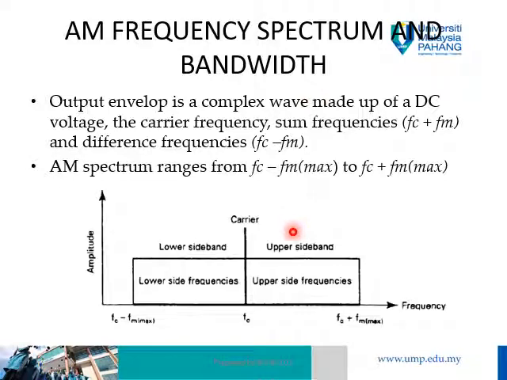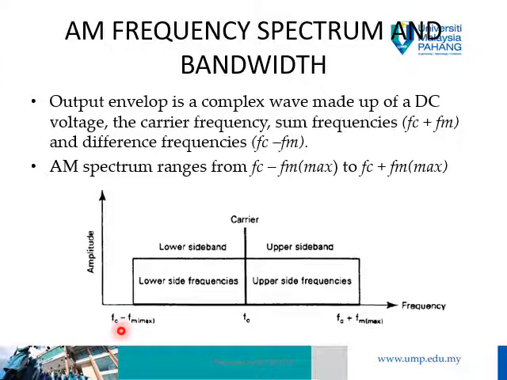Let's see this figure. We have this frequency spectrum, amplitude versus frequency. This is the envelope. We have three frequencies here. We have FC, the carrier frequency, and here F min, which is FC minus FM.